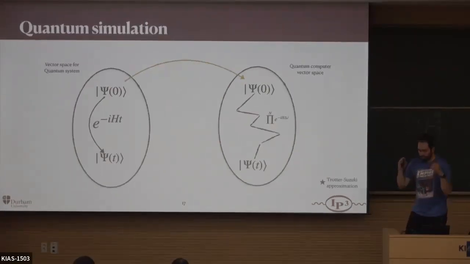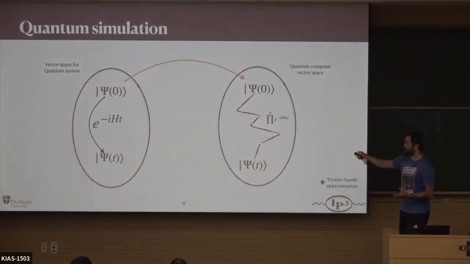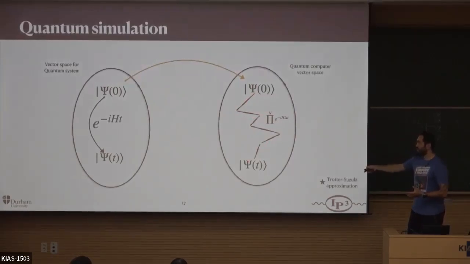So what I'm trying to achieve, in terms of the vector space of the quantum system, is to go from one state to the time evolved state, which is a smooth function. But I cannot achieve it numerically. So what I'm going to do is step by step apply operator after operator and try to optimize my algorithm to achieve this state at a future time.